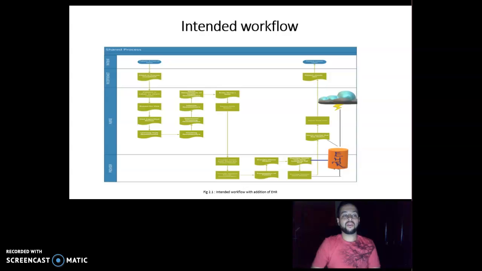Here, as you can see, for all the data in the EHR, the data will be saved and will be more easily accessible to the nurse and the provider facilities, hence saving time and cost of the clinic.